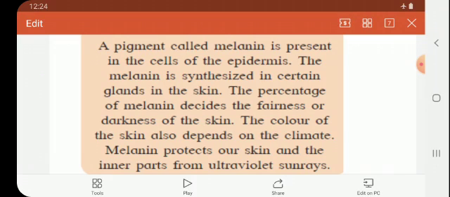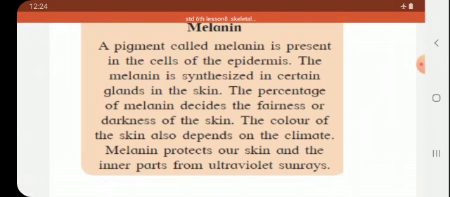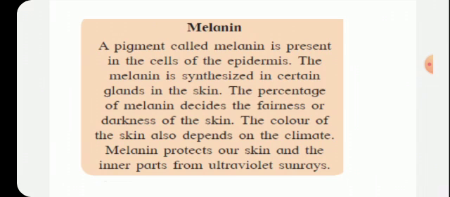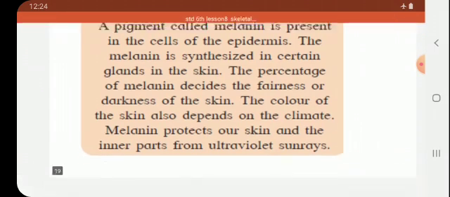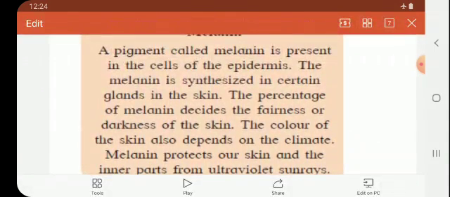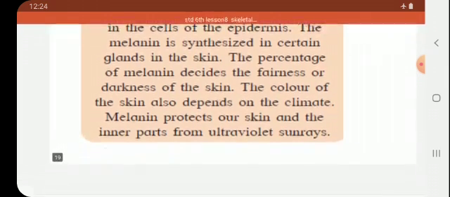What amount of melanin is present in our body, accordingly the fairness or darkness of the skin depends. The color of the skin depends on the melanin, but it is also dependent on the climate, that is, hot or cold.